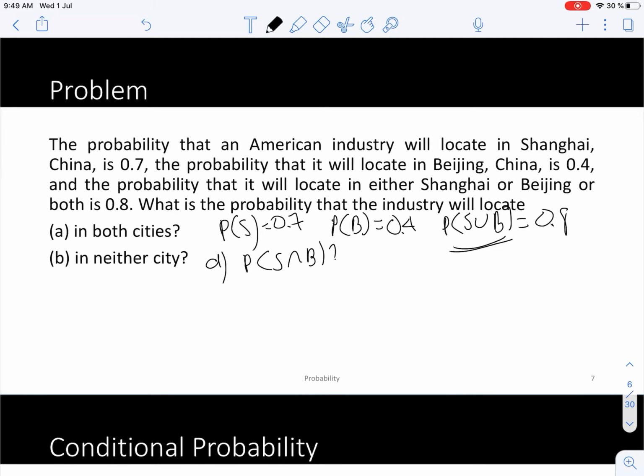The probability of S intersection B is going to be equal to the probability of S plus the probability of B minus the union.